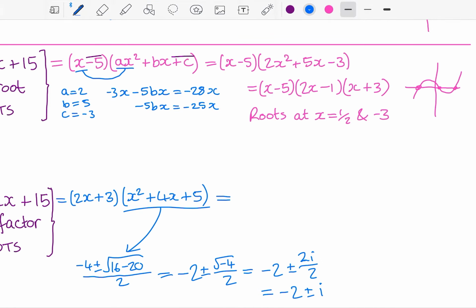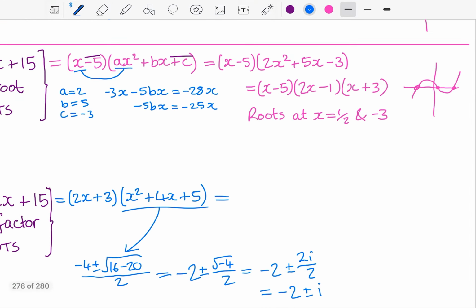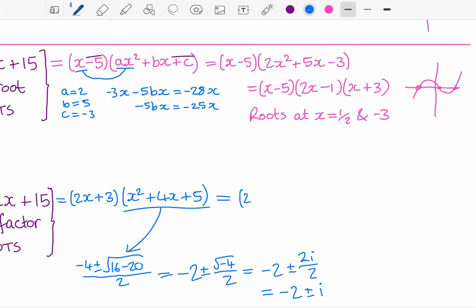And well, if we have a root at 5, we said x minus 5 was the linear factor. And the same thing is true here. So we have our 2x plus 3, and we have x minus (minus 2 plus i), and x minus (minus 2 minus i). Okay, and I could tidy that up a little bit.